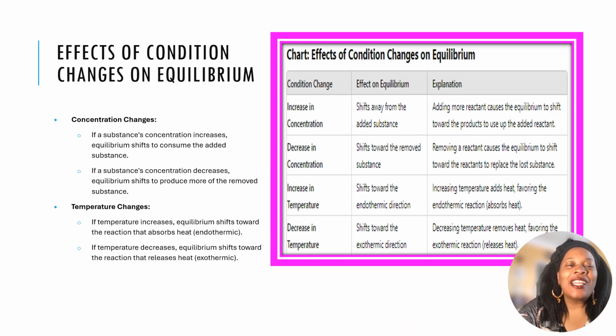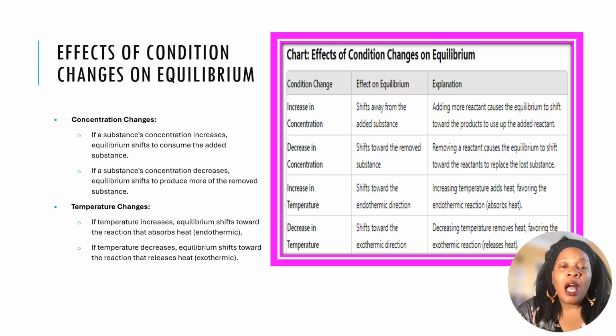So let's take a look at this chart, because it is very important for understanding the effects of condition changes on equilibrium. As you look at the chart, you can look at the conditions, the effect on equilibrium, and then an explanation. Here's the first thing you need to be familiar with: concentration changes. If a substance's concentration increases, equilibrium shifts to consume the added substance.